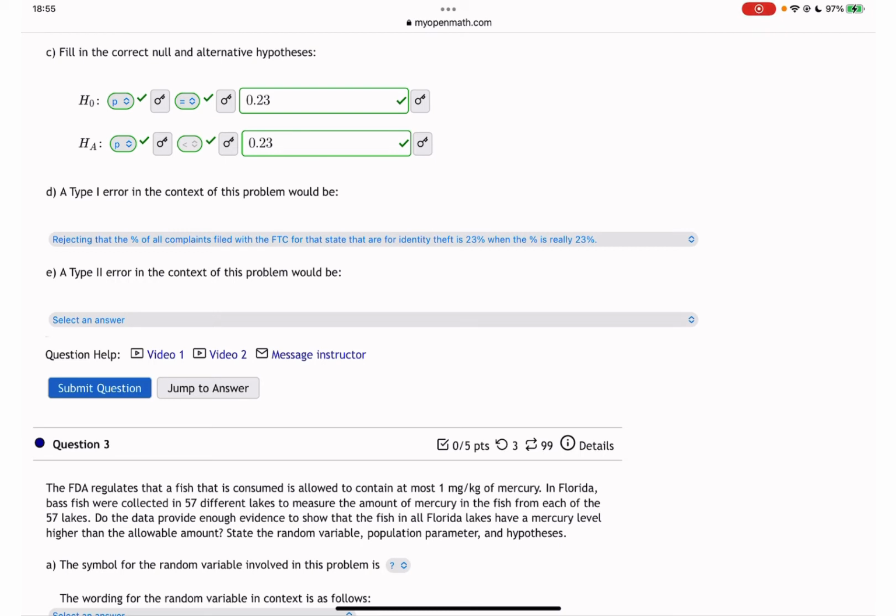Type 2 error, the opposite. They are delivering us the false answer, and we believe that false answer is true.